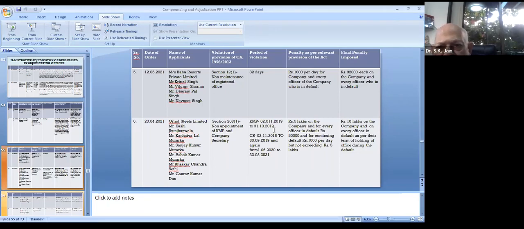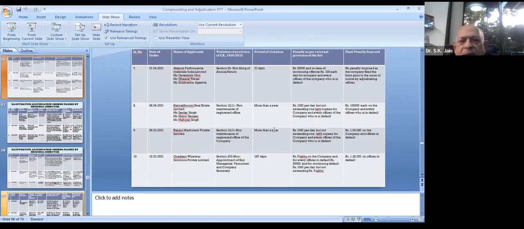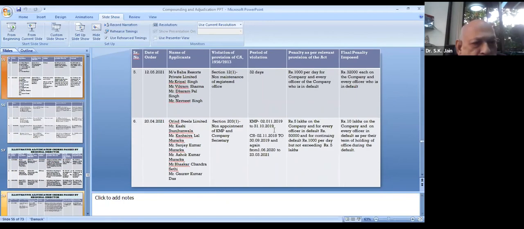So what is the penalty imposed? 10 lakh on the company, and on every officer in default as per their term of holding office during the default. Now, this is because the minimum penalty prescribed was 5 lakh rupees per officer.